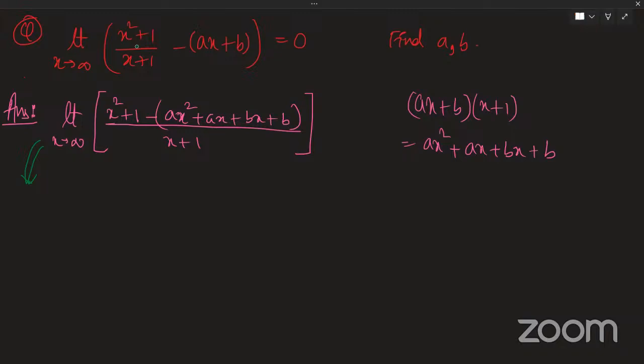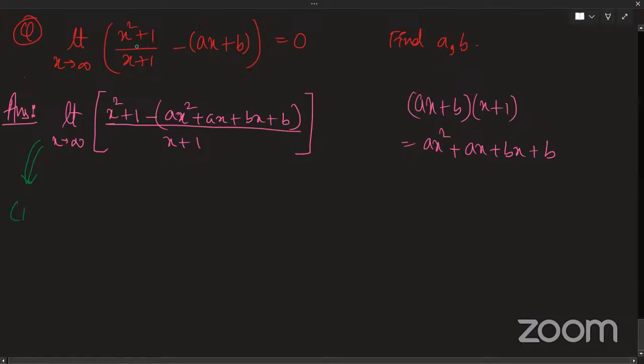So if you look at the highest power terms, what is the highest power in the numerator? X square. Okay, great. So what is the coefficient of x square in the numerator? 1 minus a.